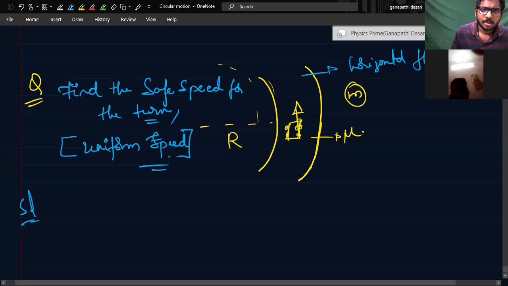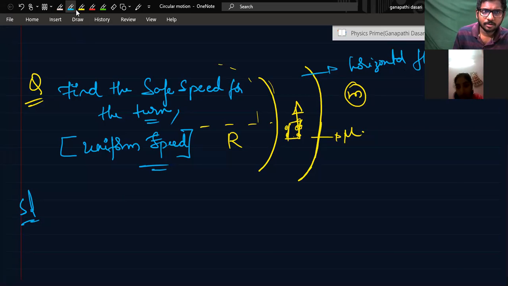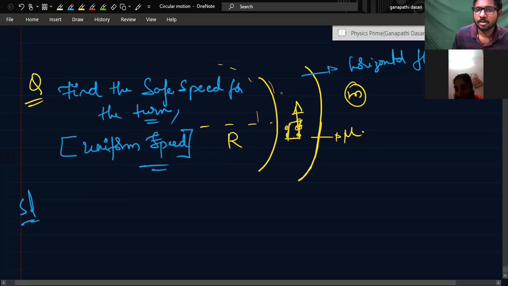Okay. Now the thing is, you said that in circular motion we don't have mg, no sir. For the centripetal force, you don't need that relation. It doesn't mean that the forces are not acting. Mg will act, normal also will act.